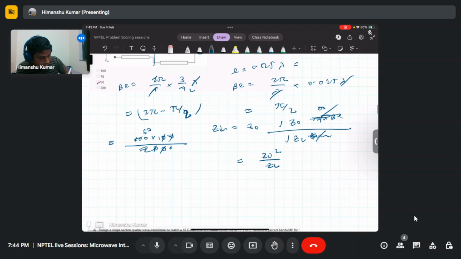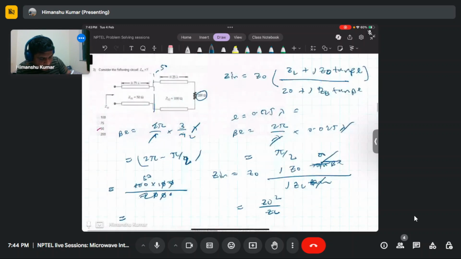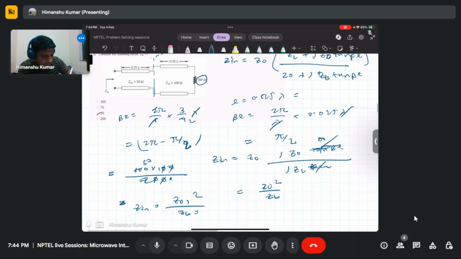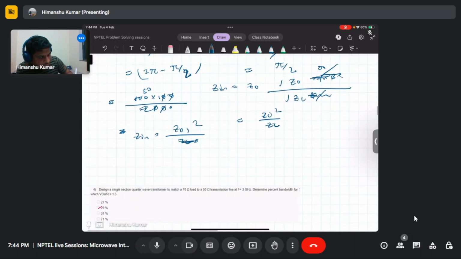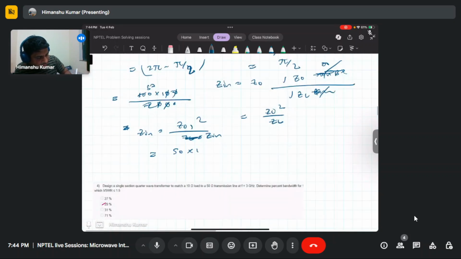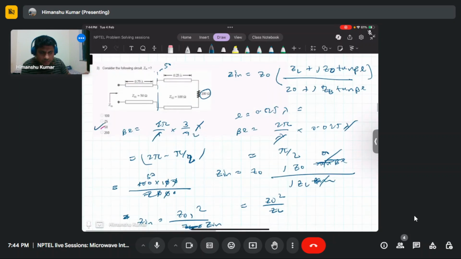Z in will be equal to Z01 square divided by ZL, which is 50 multiplied by 50 divided by 50, so this will become 50 ohm. So the correct answer is 50 ohm.